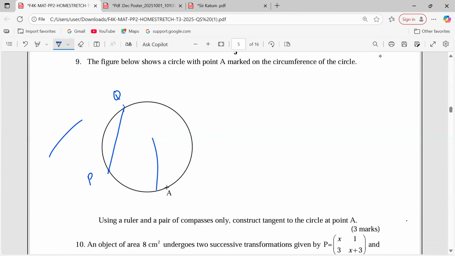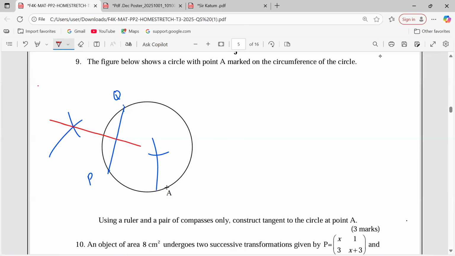Then I stand at Q and I cut those arcs so that I bisect the chord PQ. So the line that I shall produce as the bisector of the chord will be passing through the center of the circle.